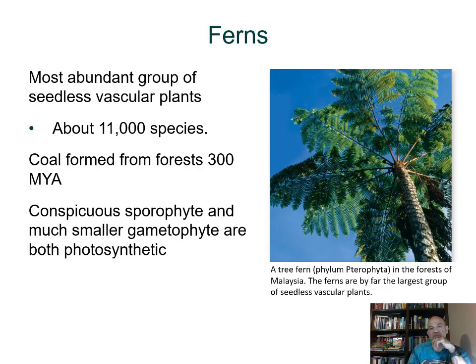Moving on to ferns. The ferns are the most abundant seedless vascular plants. Okay, so these are without seeds, but vascular. You can see that today there's still a very large fern species called a tree fern. And it can get many, many meters up into the air there, but it still has the characteristics of ferns.